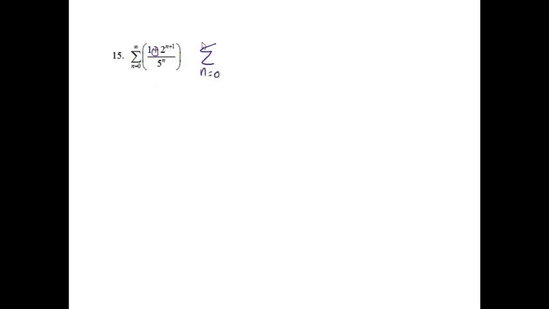So this will be n equals 0 to infinity of 1 over 5 to the n, and then n equals 0 to infinity of 2 to the n plus 1 over 5 to the n. I could use the ratio or root test, but what I'm doing now would work great, so I'm going to stick with what I have here.